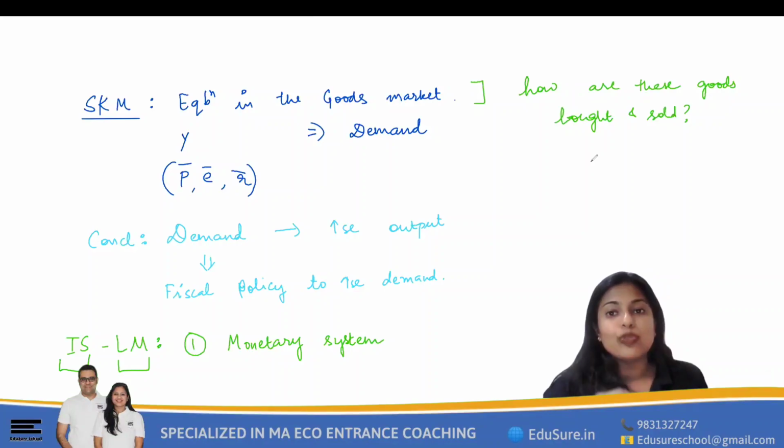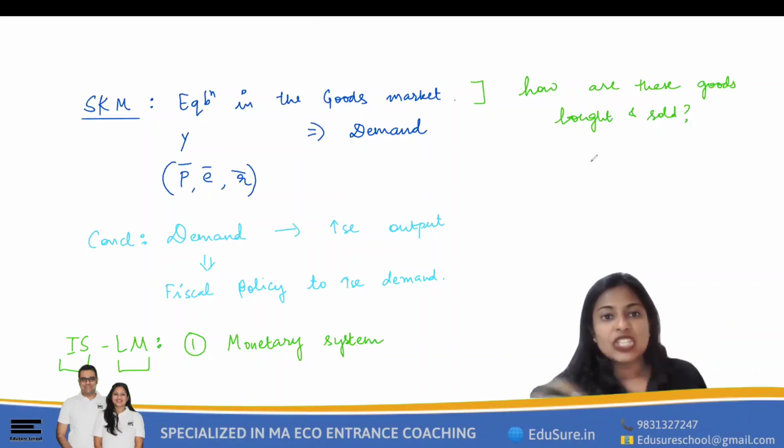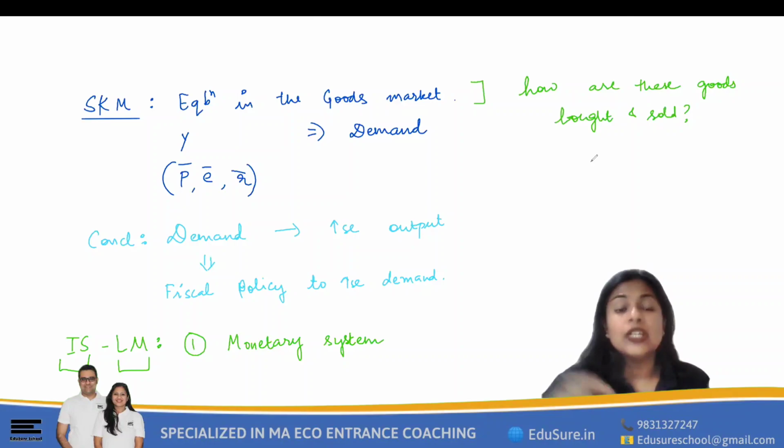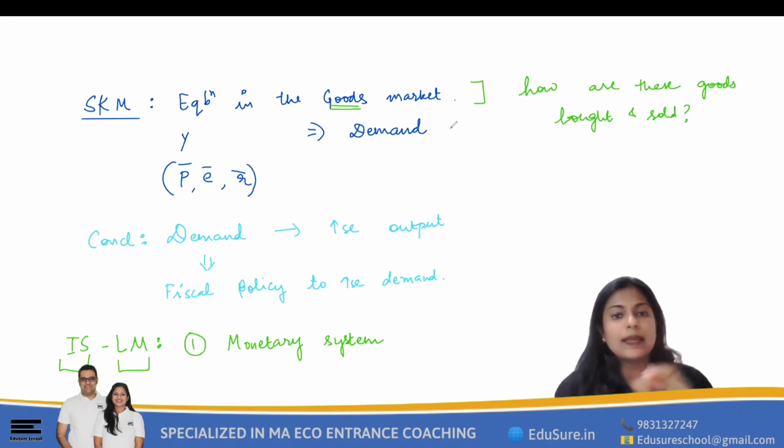Is it a purely transactionary variable, or does it have more impact on the economy? There are many things to discuss when you go into depth. In SKM, we didn't go into any of that. We just assumed that there was a goods market and goods were bought based on demand.